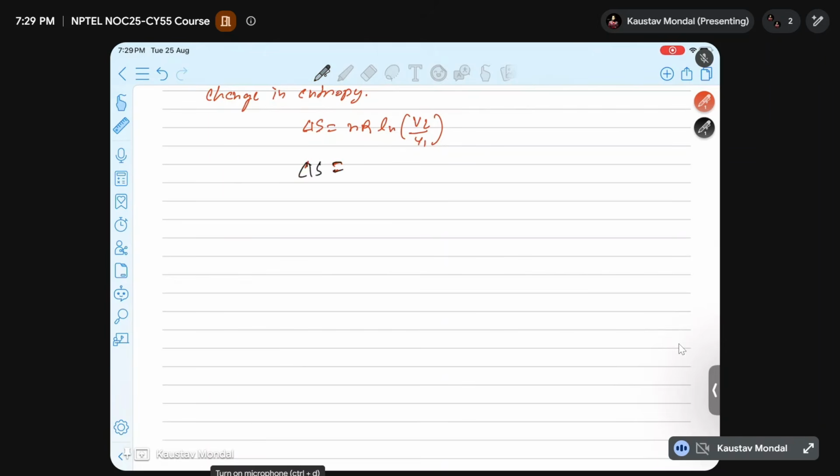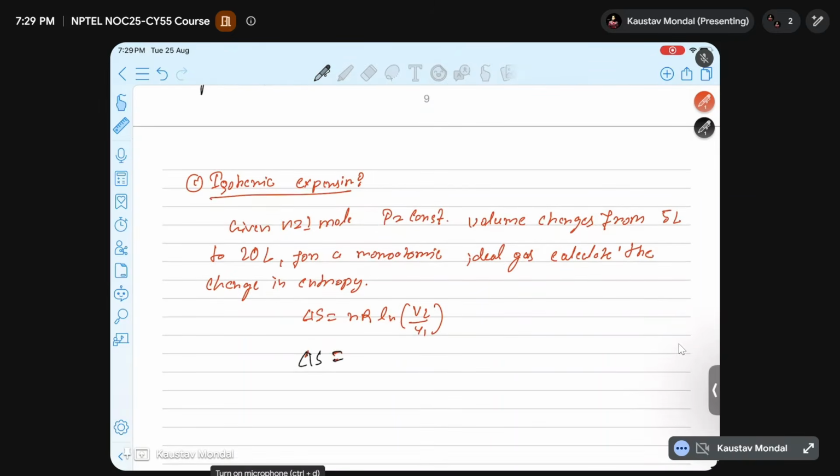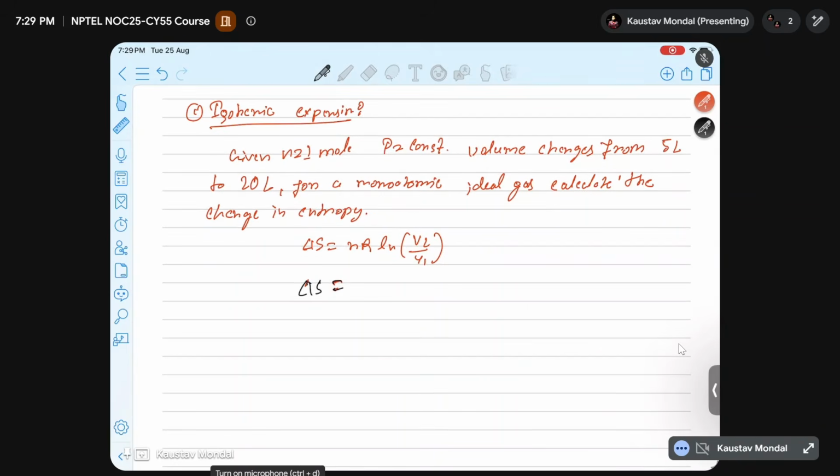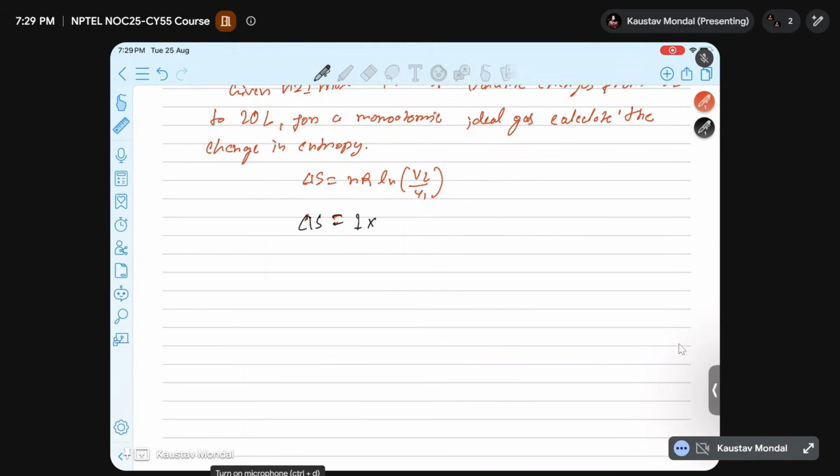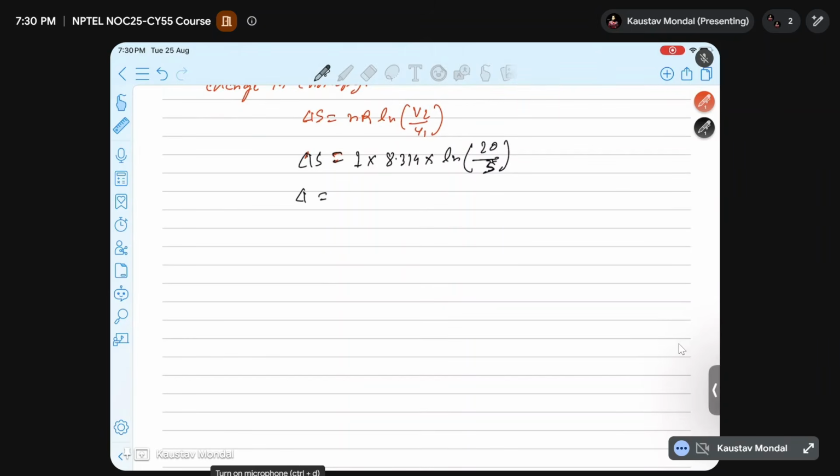So n is mole, how much? n mole. Okay, so n is 1, so 1 into ideal gas constant, that is 8.314 into ln of V2 by V1. Okay, so Vf is 20 and Vi is 5. So it will become 4. So delta S will become 1 into 8.314 into ln of 4.